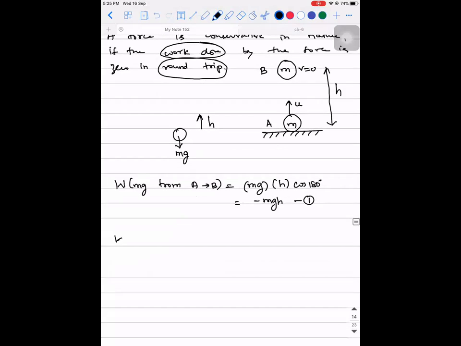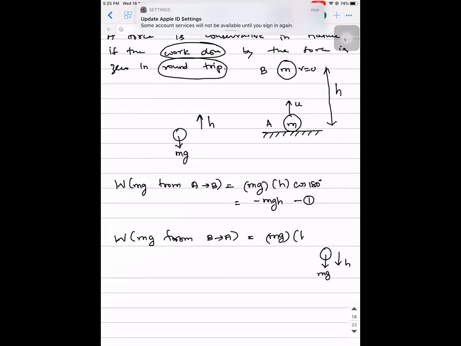Now, what is the work done by mg from B to A? When the object is traveling from B to A, mg is acting in this direction, h is also in the downward direction, right? So mg into h into cos of how much value? 0.